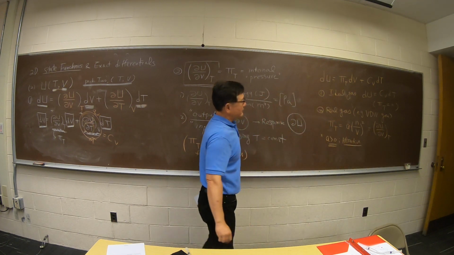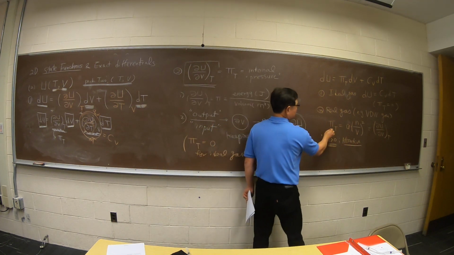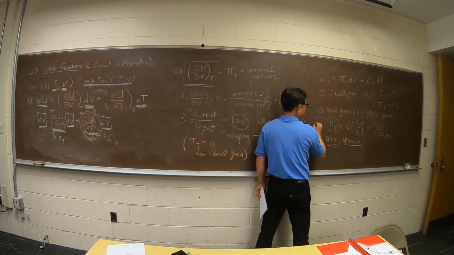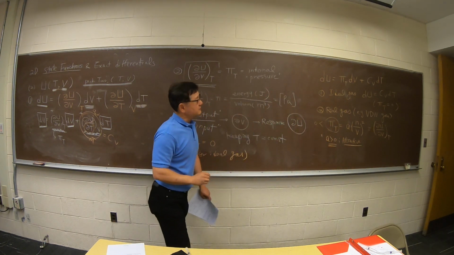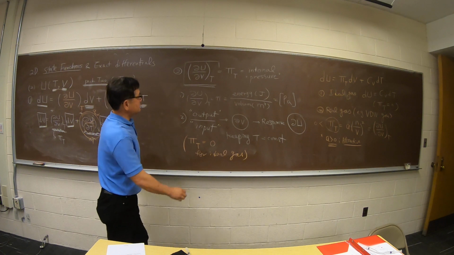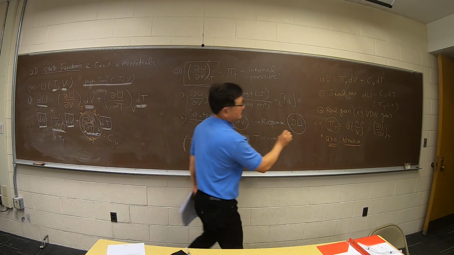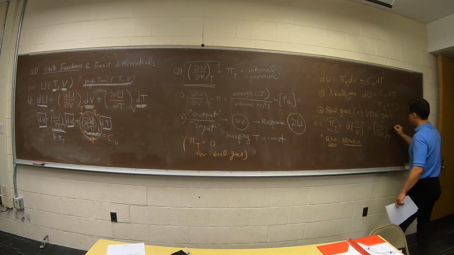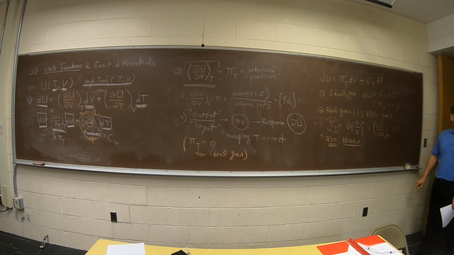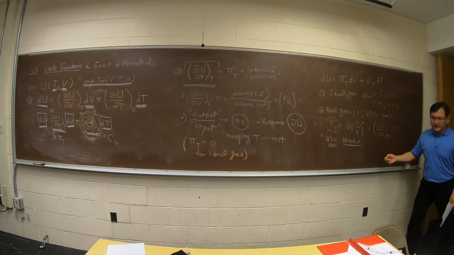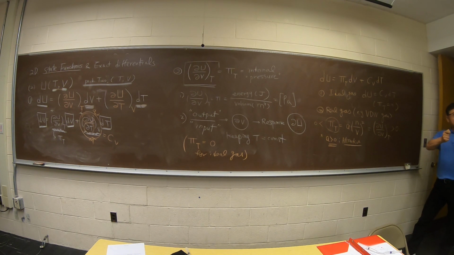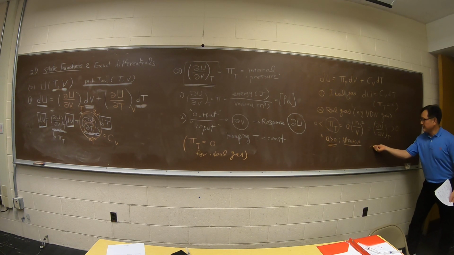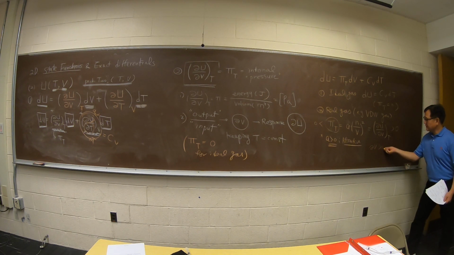So think about when there is an attractive interaction: your π_T, the internal pressure, is positive. And what that means is, when A is positive, this is positive, right? Okay, so what's going to happen is when I have an expansion, when I change my volume to be plus, that's an expansion.